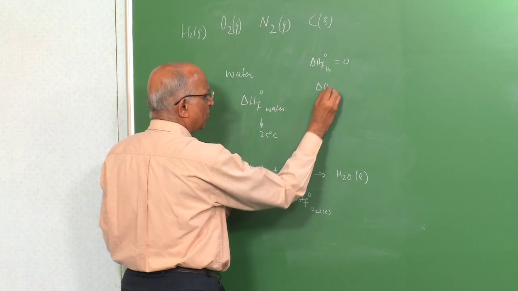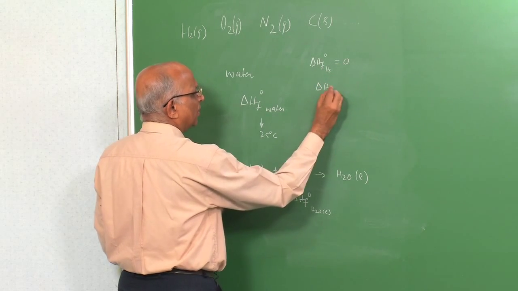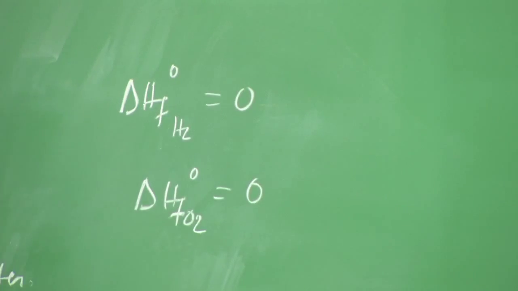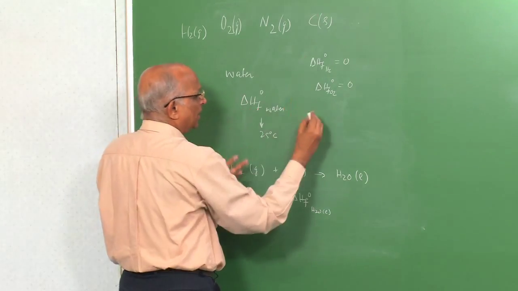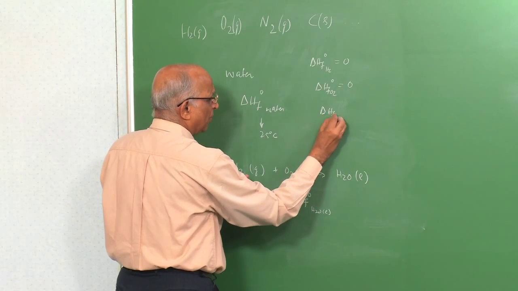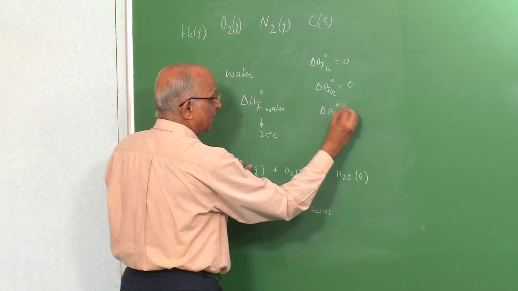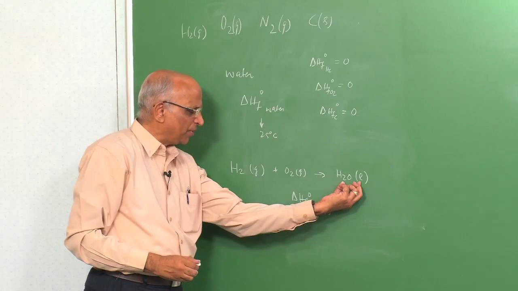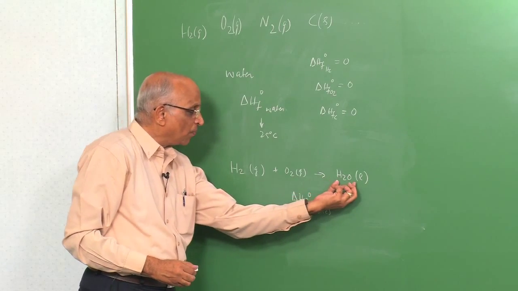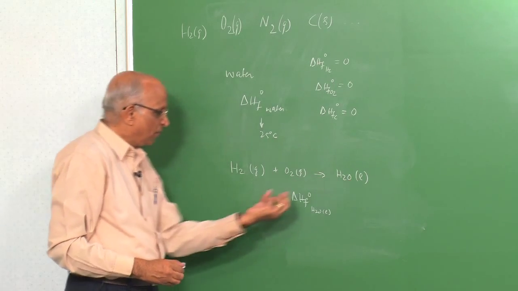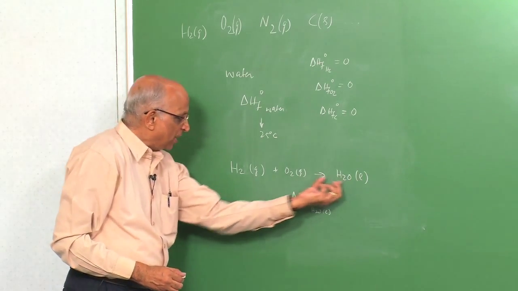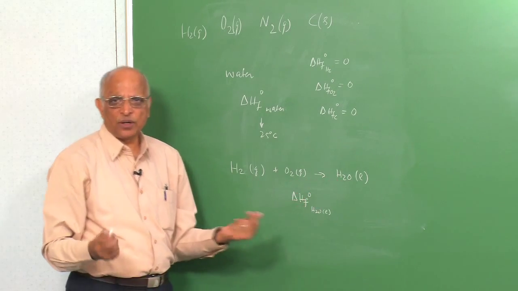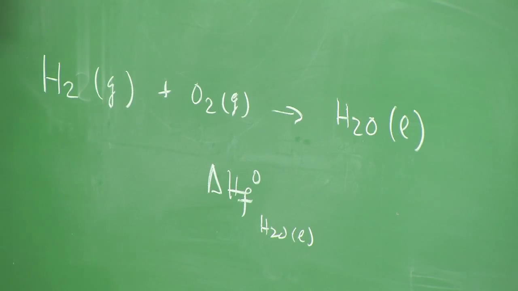The heat of formation of oxygen gas at the standard condition is 0, and similarly, carbon exists as a solid, and the heat of formation of carbon at the standard condition is 0. We evaluate the heat of formation as the heat required to form 1 mole of water from its elements, namely hydrogen and oxygen. That is what is called the heat of formation of water. Therefore, let us try to evaluate this.